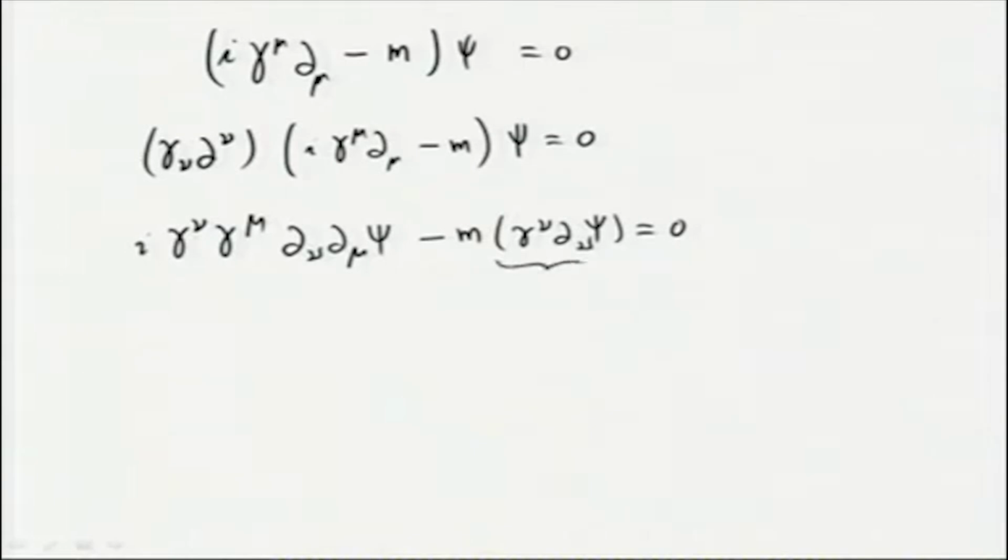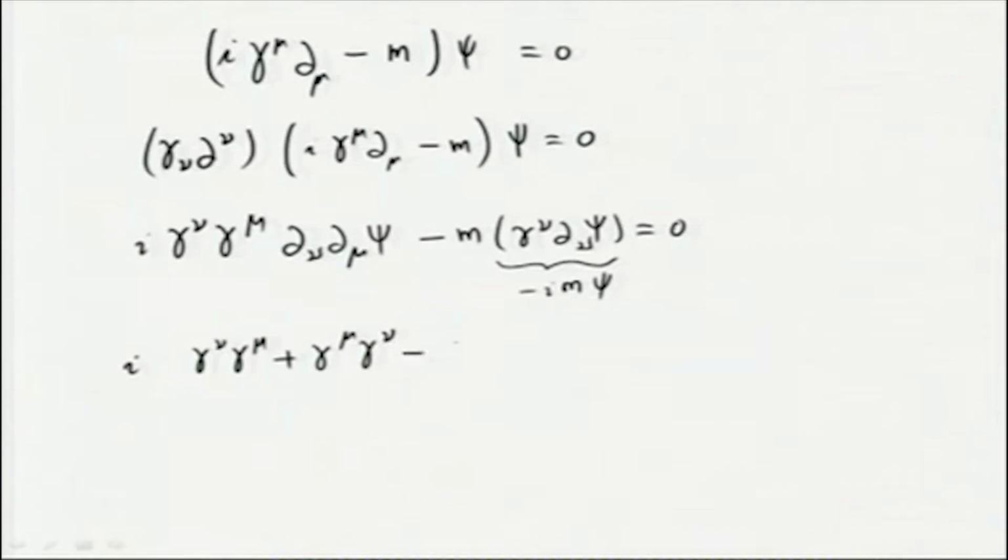So, this whole thing is minus i m ψ because of the Dirac equation, the first line on this slide. And the first one I will write as γ^ν γ^μ plus γ^ν γ^μ, where I added γ^μ γ^ν to it.